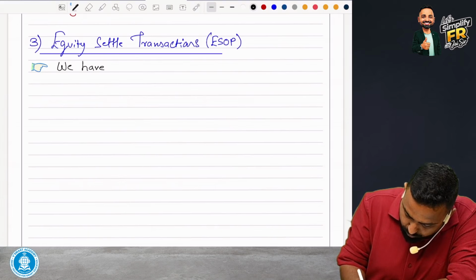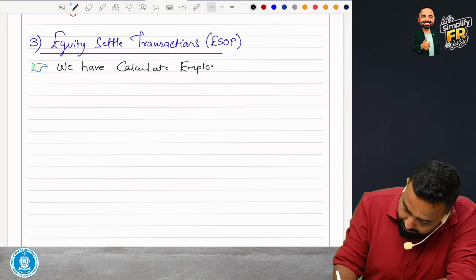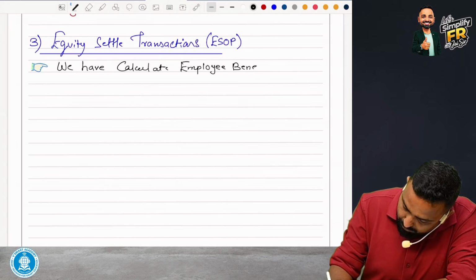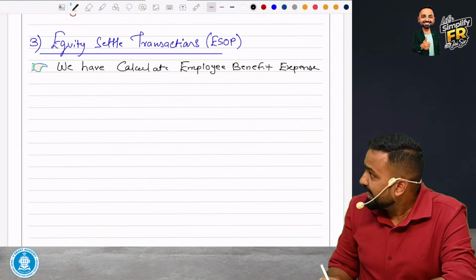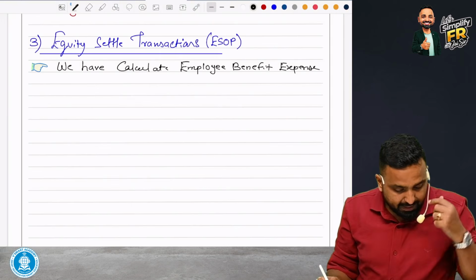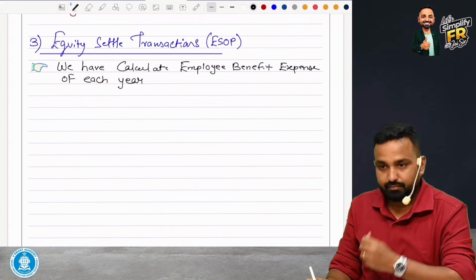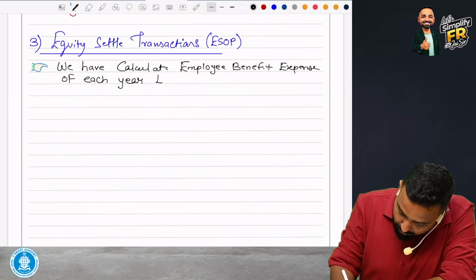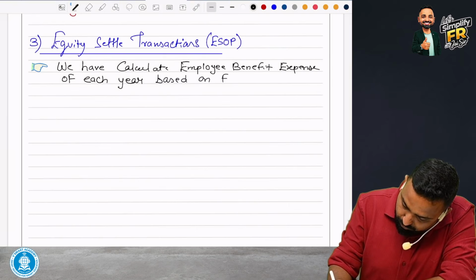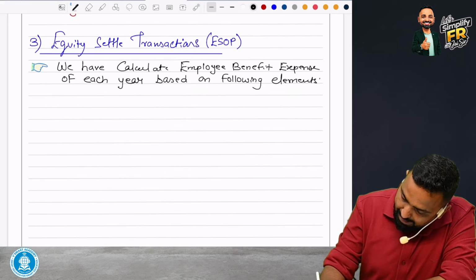We have to calculate employee benefit expense of each year based on the following elements.